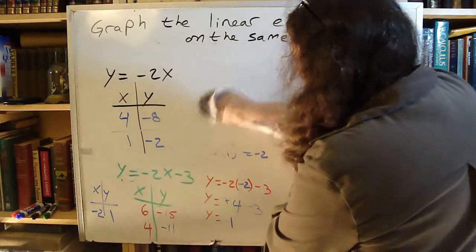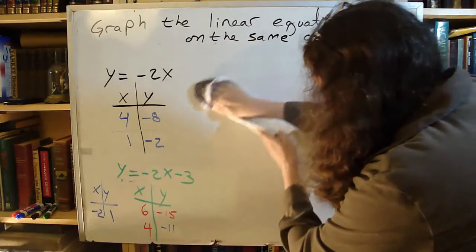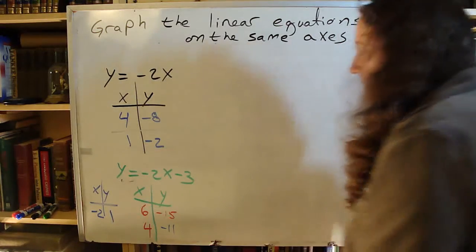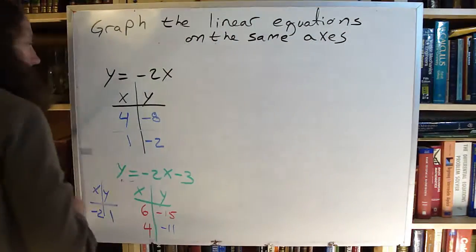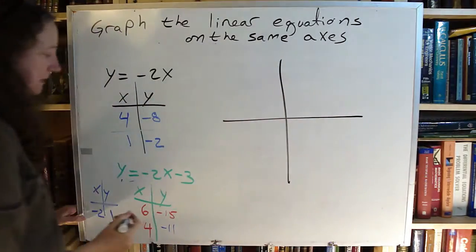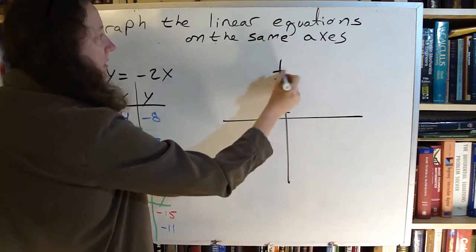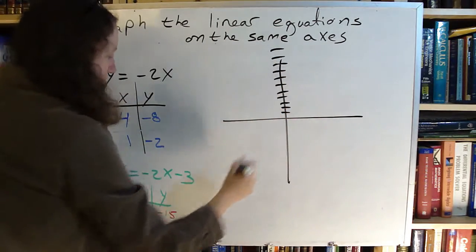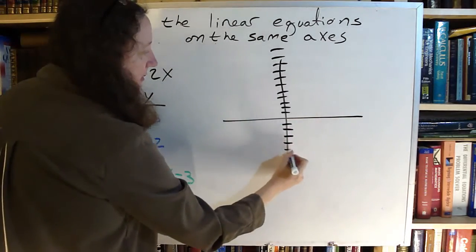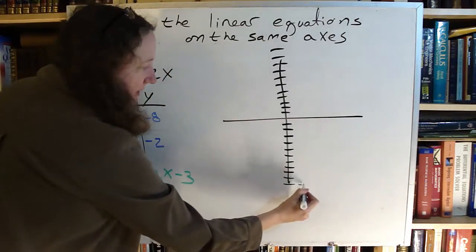I need to make room though. So I have my graphing space. I'm going to count by ones, counting to 11 because I want to keep this negative 11 on here. Okay, so that's negative 11 down there.